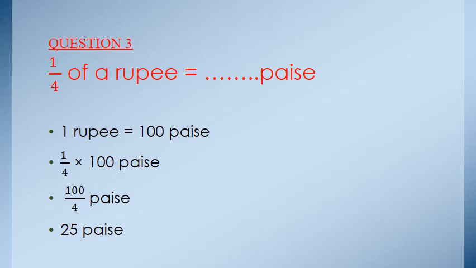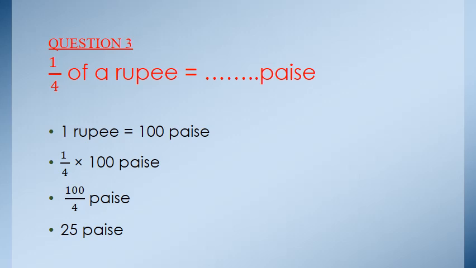Now moving towards the left hand side portion of the question, that is 1 by 4. So 1 by 4 will be written as it is. Of means multiply. Then a rupee means 1 rupee, and 1 rupee is equal to 100 paise. Now our expression came out to be 1 by 4 multiply 100 paise.